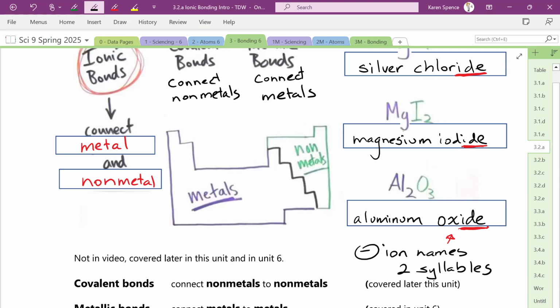If I say silver, that has 2 syllables. So if you have a nonmetal, this name is oxygen, 3 syllables. When you turn its name into an ide, you only give it 2 syllables, oxide. So you take the first syllable and you add ide. What about nitrogen? Nitrogen would become nitride. Hopefully you remember some of that because I know you already did some of that in the atoms unit, but that was just a little reminder there.